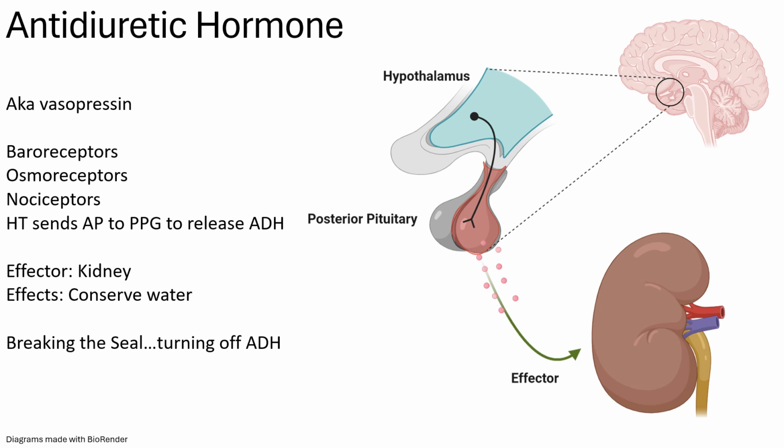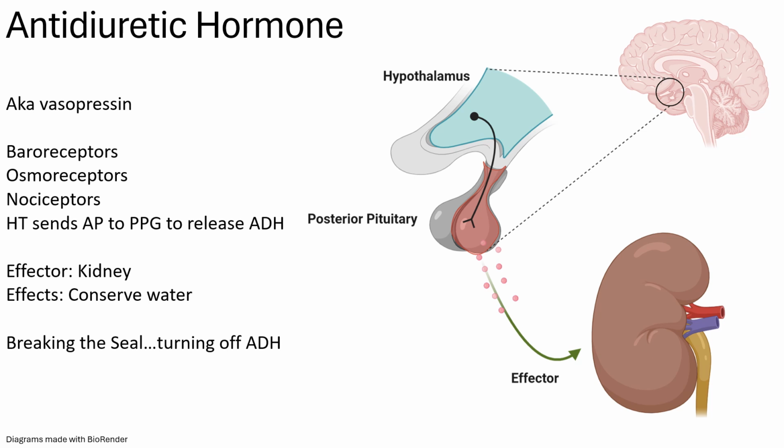There are a lot of triggers, but they are all neural, as they all involve some type of nervous receptor. ADH is a life-saving mechanism for the conservation of water in the body. This is really important because we are land mammals, and by definition, we are always dehydrated. It's just a fact of living on land.